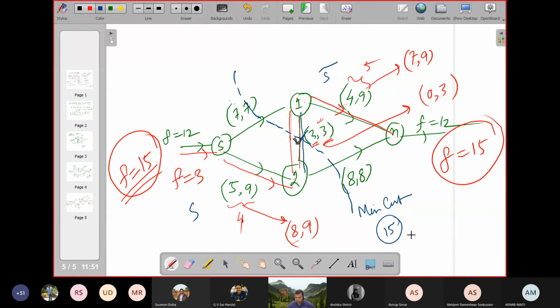Because the capacity of the cut is defined as the sum of the capacity of all arcs from S to S bar, not from S bar to S. So we will not consider it in the capacity calculation, but we will consider it as a part of the cut. Okay, so 15, 15. This completes the labeling routine given by Ford Fulkerson.